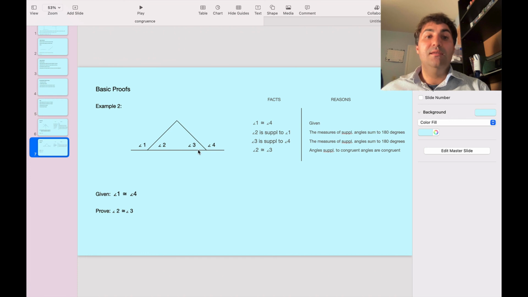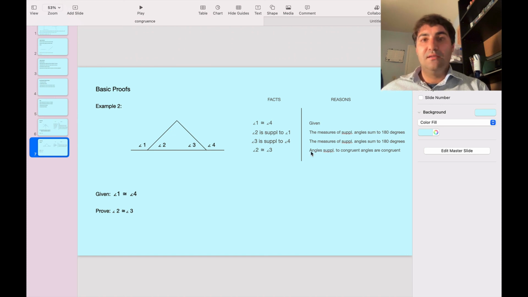The measure of angle 3 plus the measure of angle 4 is 180 degrees, and the measure of angle 1 plus the measure of angle 2 is 180 degrees as well. So angle 2 is supplementary to angle 1, and angle 3 is supplementary to angle 4, because they sum to 180 degrees.